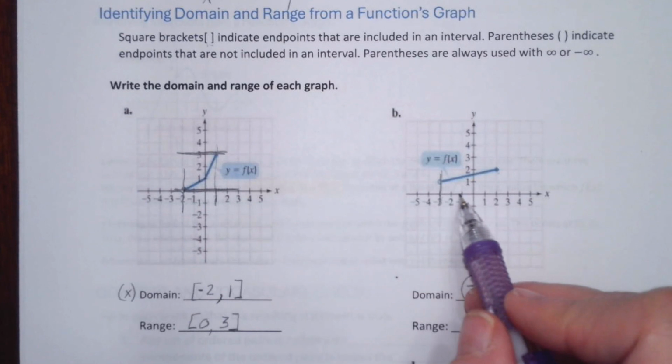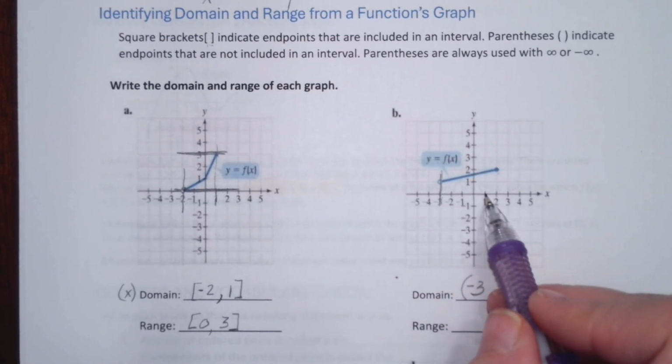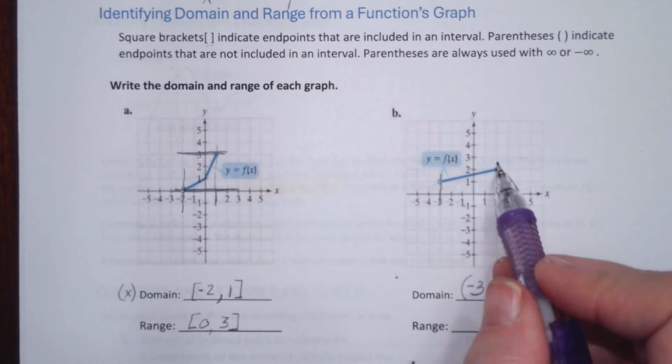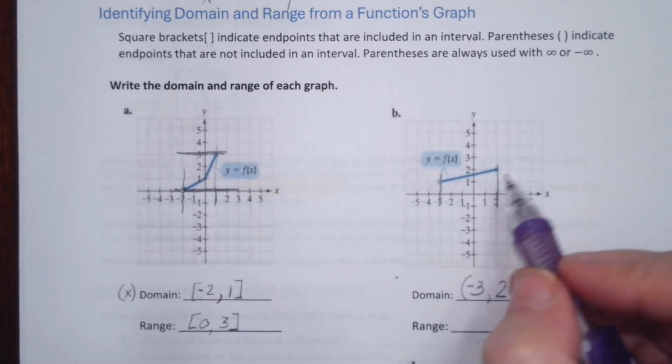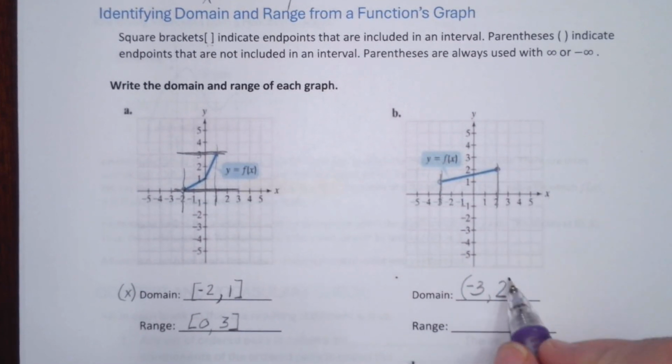Then I'm going to follow my x-axis. Where does my graph end? It ends here at the 2. My 2 is a closed circle, so I'm going to use a bracket.